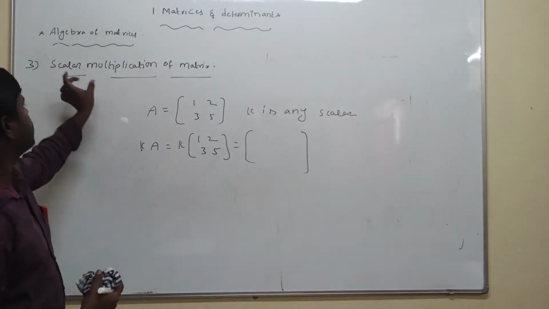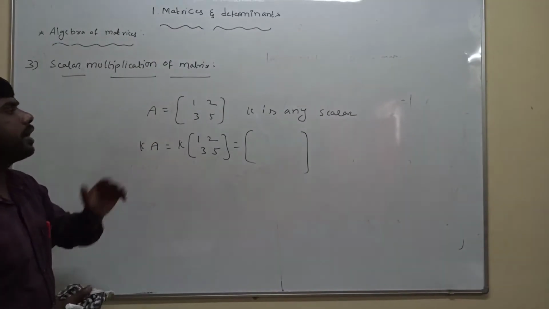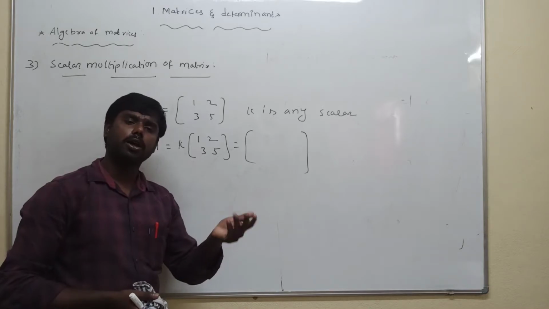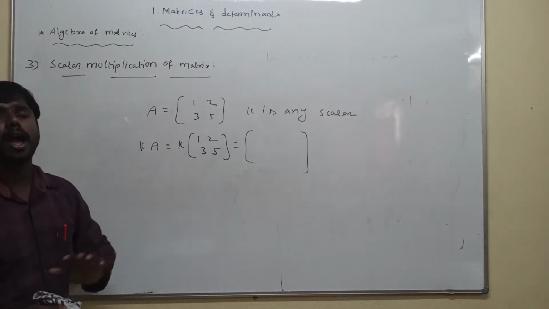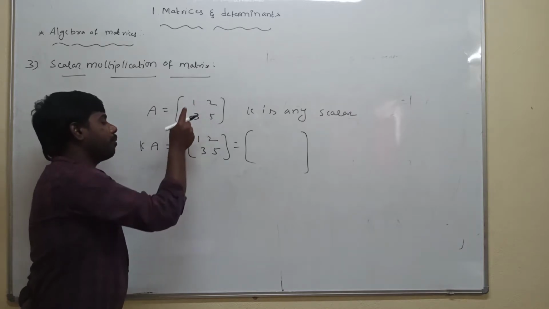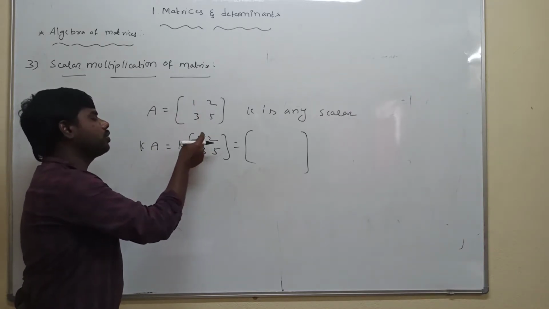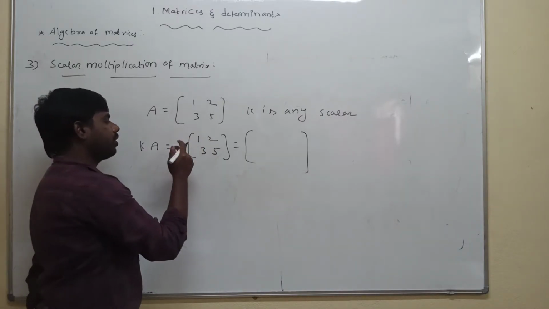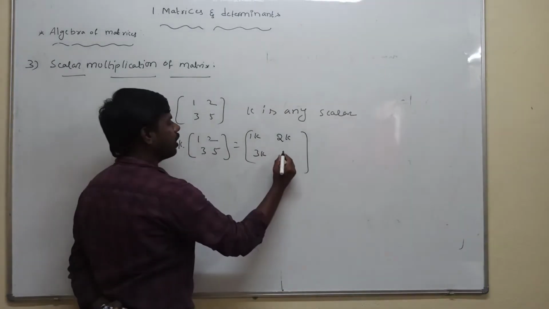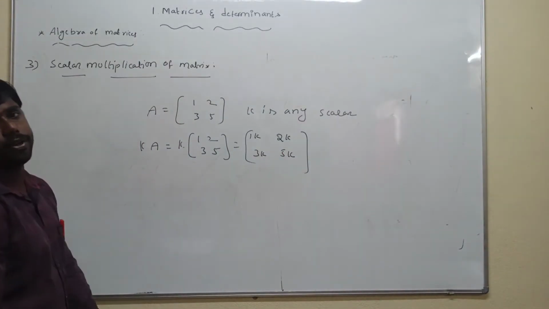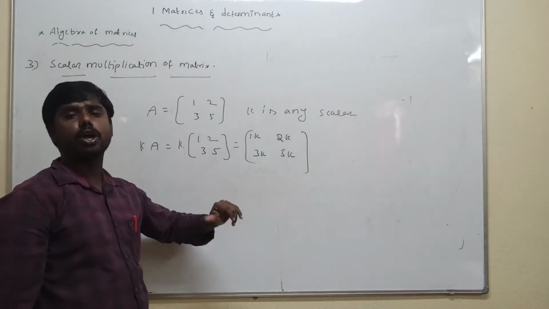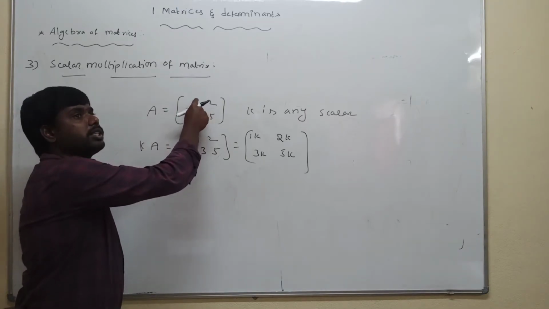Observe here, what is the condition for the scalar multiplication of a matrix? If A is a matrix and K is any scalar, meaning any real number or constant, then KA is another matrix obtained by multiplying each element of A by K. So 1 times K is 1K, 2 times K is 2K, 3 times K is 3K, 5 times K is 5K, and we get another matrix.